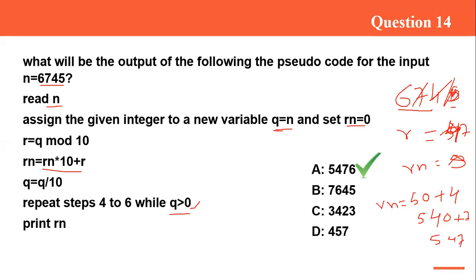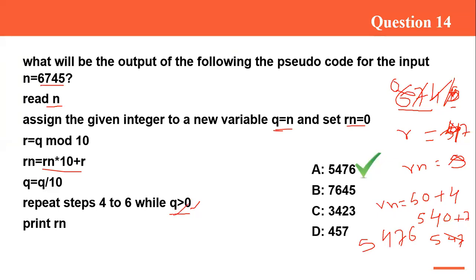Am I right? Then again Q is equal to Q by 10. It will become 6. 6 greater than 0, true. Enters inside. 6 mod 10 will be 6. Understood that? Now Rn is 547. 547 into 10 plus 6 is 5476. 6 by 10 will become 0.